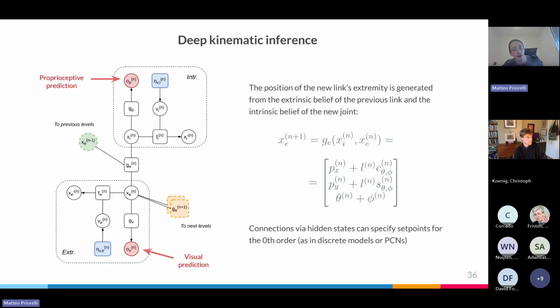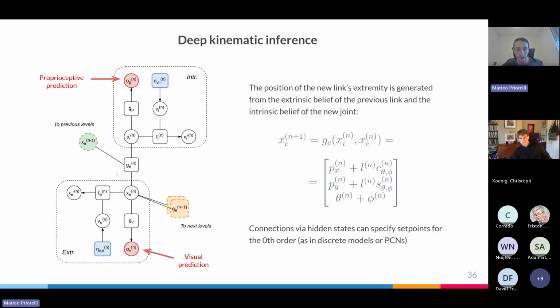So we now link all these levels, what we call an intrinsic extrinsic module. We link them by mimicking the real structure of the generative process of the kinematic chain, so that you see that the likelihood function connecting these levels is very simple. And in this case, the position of the new link's extremity is generated from the extrinsic belief of the previous link and the intrinsic belief of the new joint.